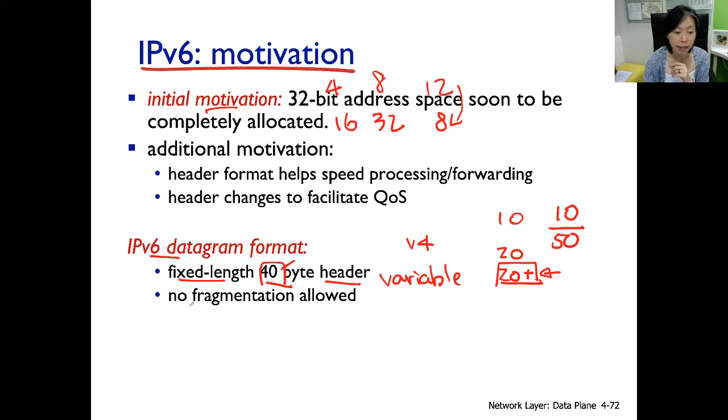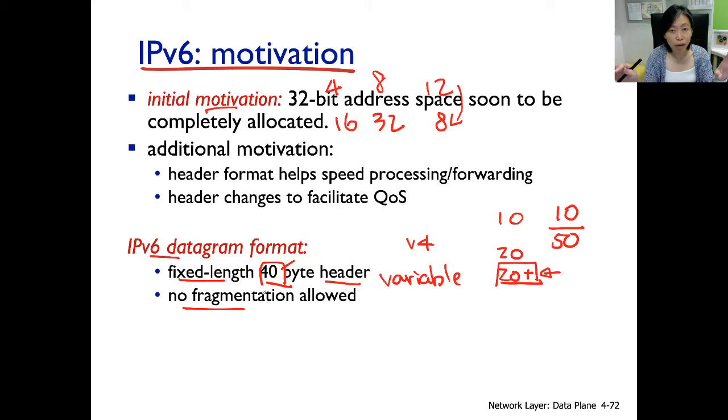In fact, the second feature of the version 6 header is this. Recall in the fragmentation and reassembly function of IPv4, we have these three fields in a row: ID, fragmentation flag, and offset.